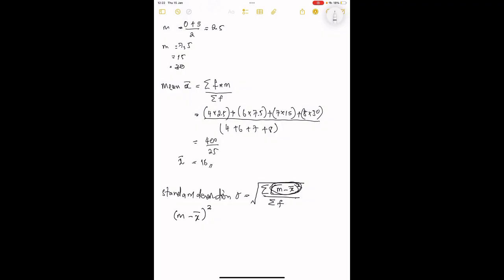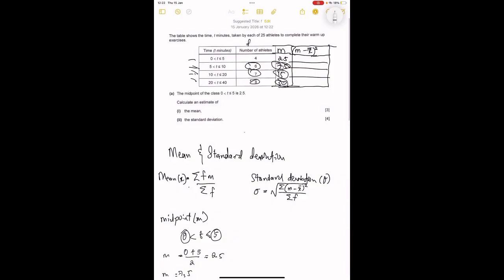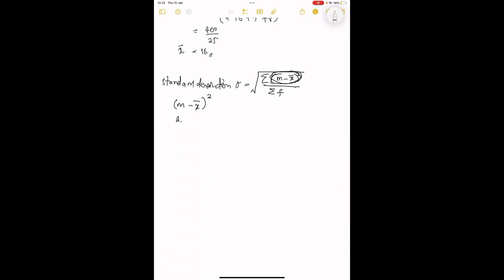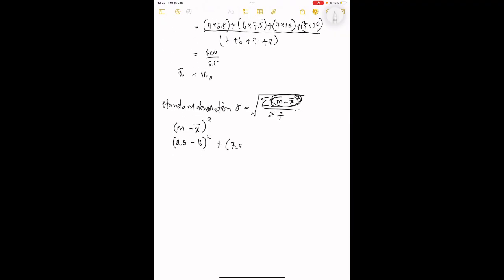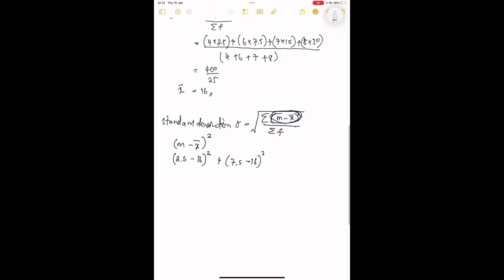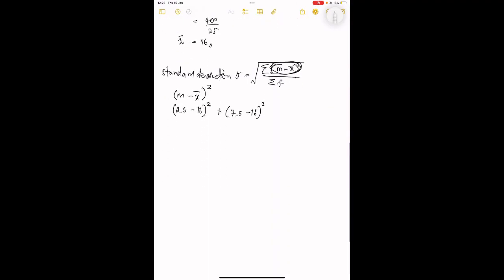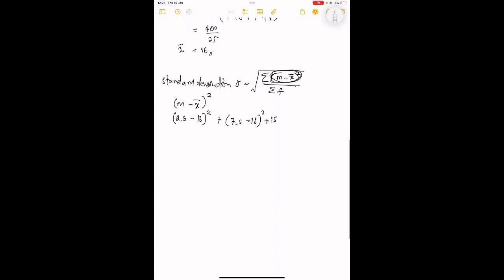So we have our first midpoint, 2.5 minus 16 squared, plus 7.5 minus 16 squared, plus 15 minus 16 squared, plus 30 minus 16 squared.